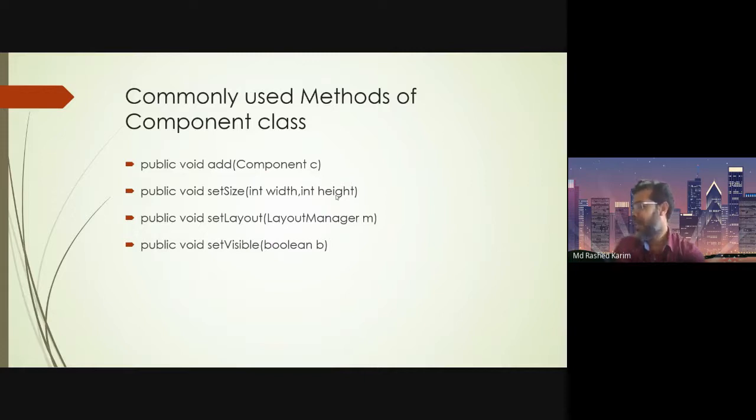The Component class basically has some basic methods, like the add method. That means any component can be added to your container. So add is a method. After creating any component, you can pass it to the container by the add method.